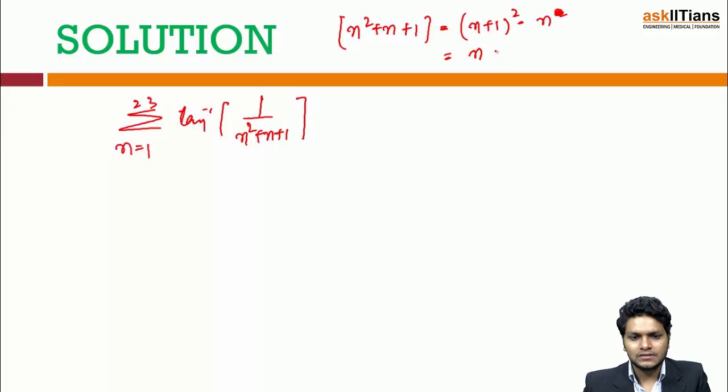So I think I can say that this will be root n plus 1 minus root n, and root n plus 1 plus root n, right? Now if that's what I have written, a square minus b square, a plus b into a minus b, let's see what is going to happen.